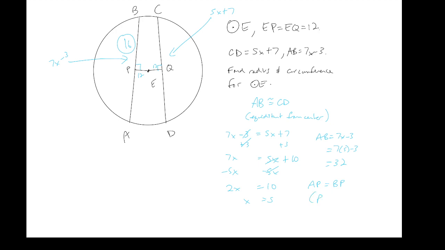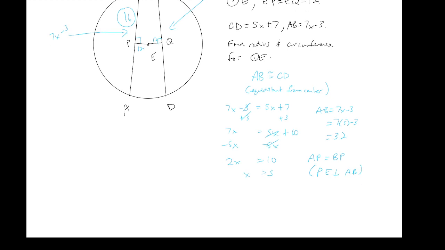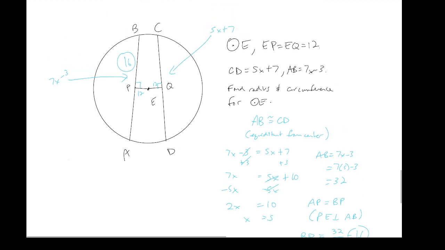Because PE is perpendicular to AB. Therefore, to get BP, we're going to say that it is just half of 32, which is going to be equal to 16. So that's how we got this 16 back up here. It wasn't just randomly made up by me. But that's how we were able to deduce that.